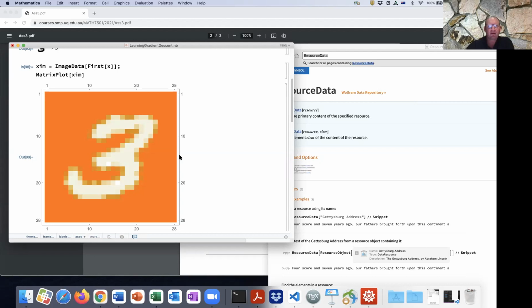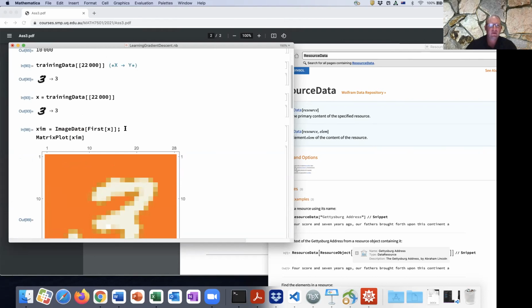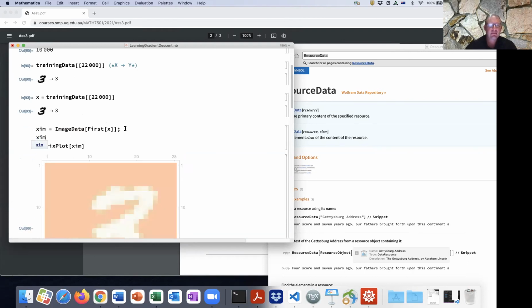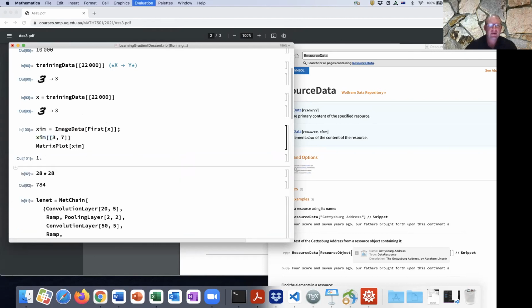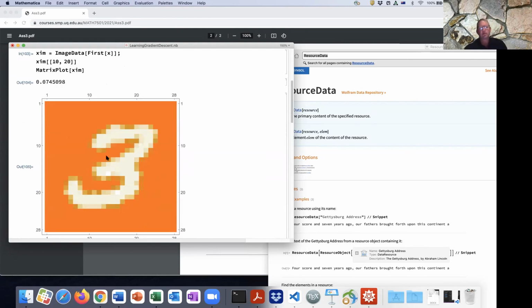It's a 28 by 28 matrix. Let's look at some pixel, for example xim at position 3,7. It's actually just a value of 1. I think that's kind of fully dark. But if we go to 10,20, it is some value that's closer to 0.